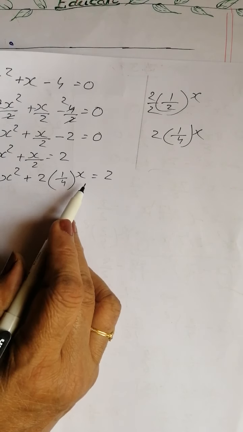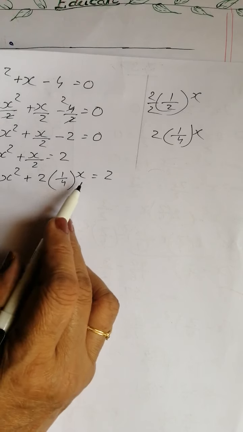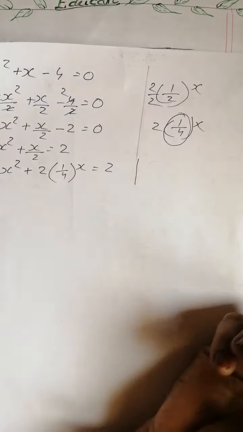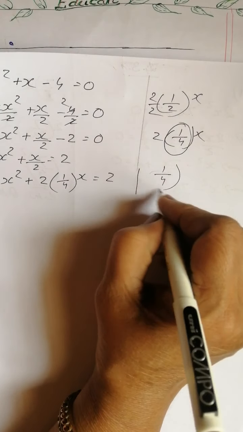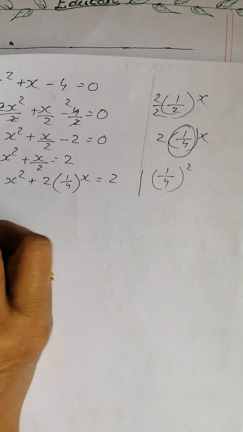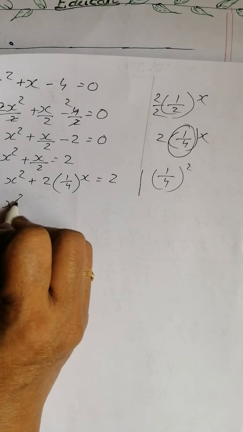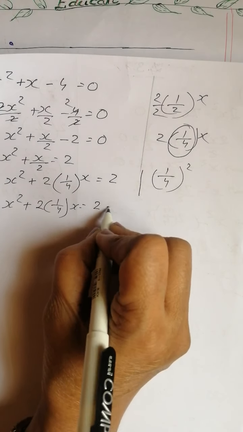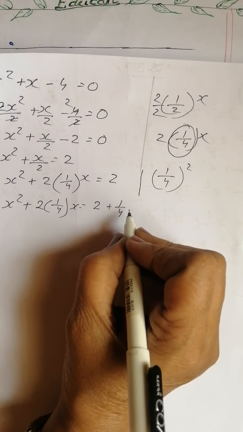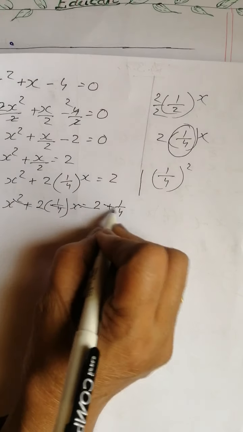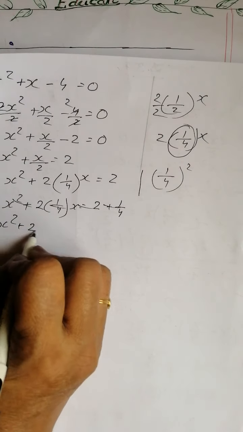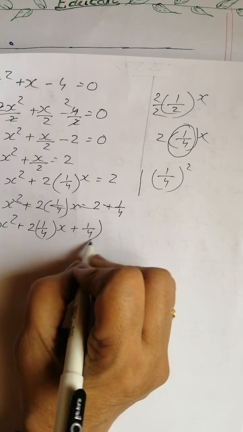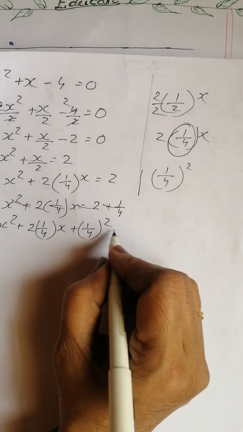Now we have to find the last term, a plus b the whole square, the b term. How will you find the b term? We take only this part and square it, 1 by 4 the whole square. Easy. Now you will get x square plus 2 times 1 by 4 x plus 1 by 4 the whole square, adding to the left hand side also.